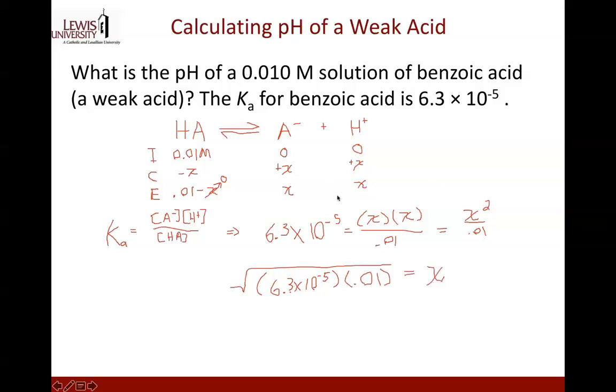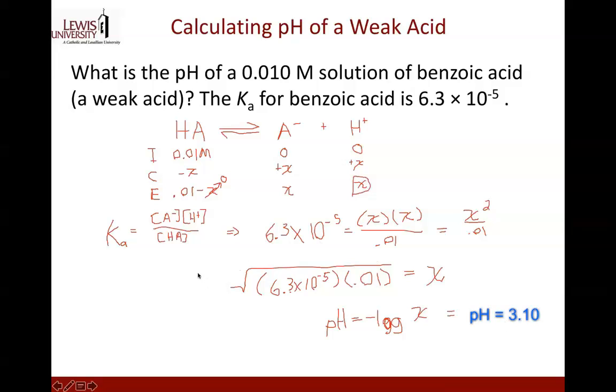Now, X is equal to the concentration of the conjugate base A minus. It's also equal to the concentration of the hydronium ion. So once we find X, I can calculate the pH really easily. All I have to do is take the negative log of that value for X, because that is equal to the concentration of H plus, and that's going to give me my pH.